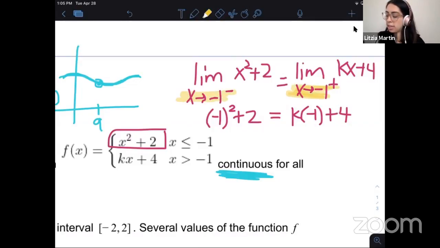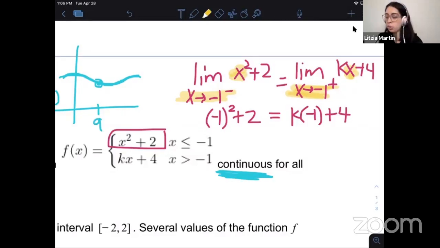So I'm plugging in those x values. This gives me an equation that, when I solve for k, is going to give me the k value that makes this all true. So this is going to be 1 plus 2 is 3 equal to -k plus 4.